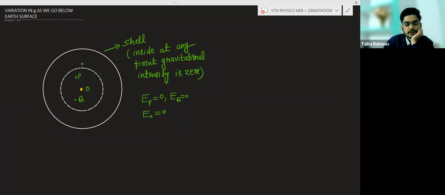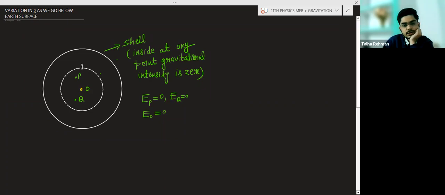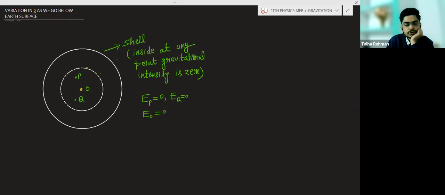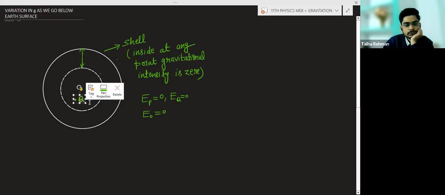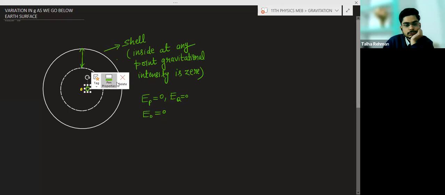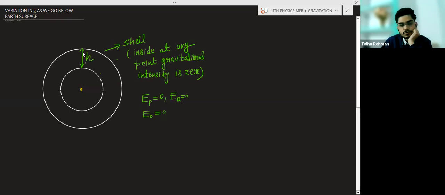Suppose we want to find the acceleration due to gravity at a point inside, and this depth is h.